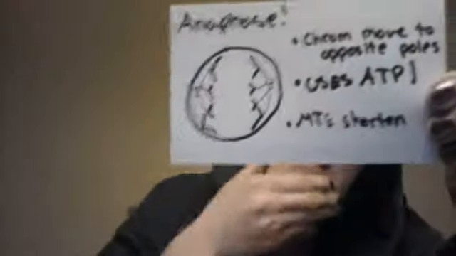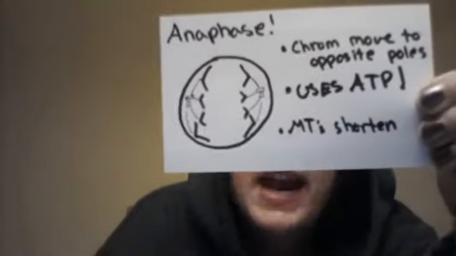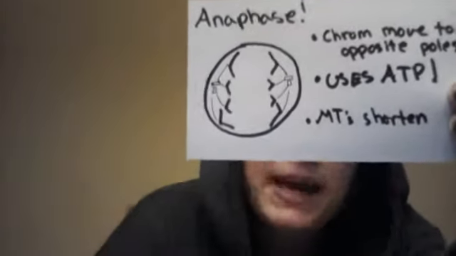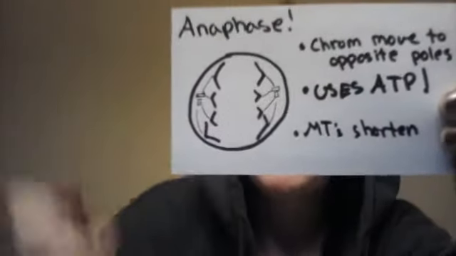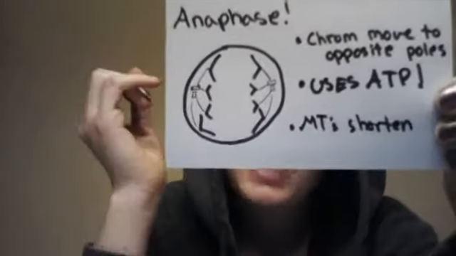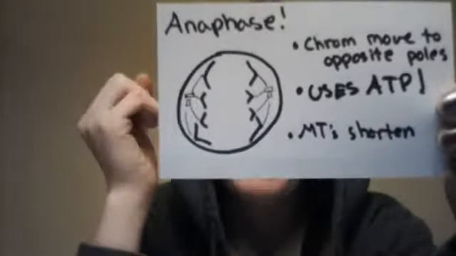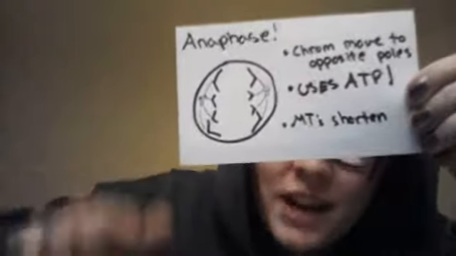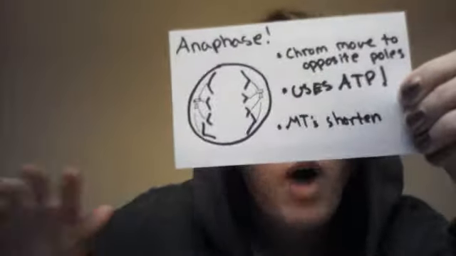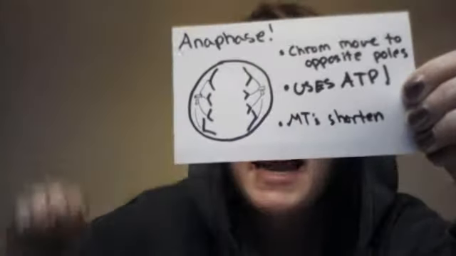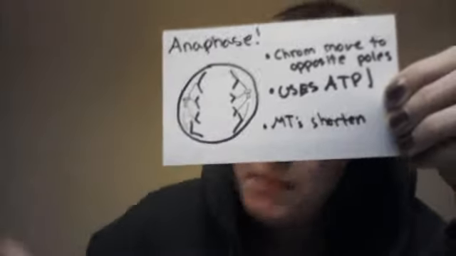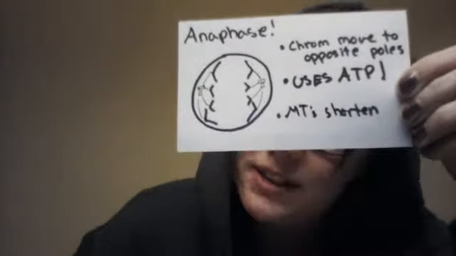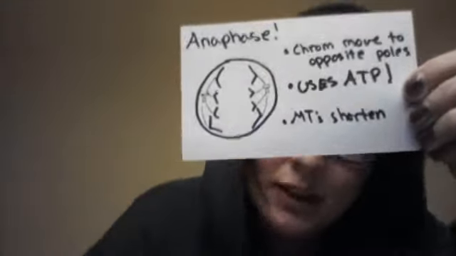What's really important is that this phase uses ATP. Why does it use ATP? Because these microtubules have small proteins on them that actually walk on the microtubules. It's really cool. In order for them to walk on the microtubules, it needs 1 molecule of ATP for every single step it takes. It's really quite incredible.